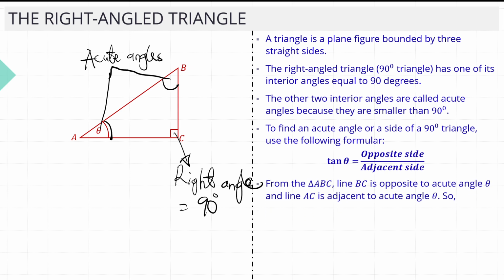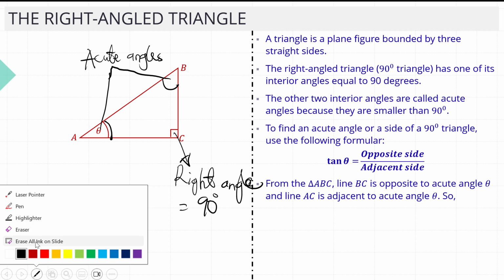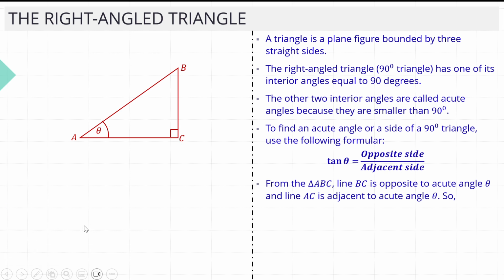So from the triangle ABC, we see that line BC is opposite to the acute angle theta, and the line AC is adjacent to the angle theta.